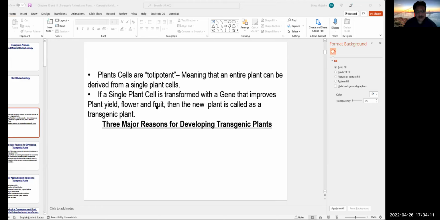So plants are not like humans, where there always has to be sexual fertilization; plants can be vegetatively propagated by certain techniques, especially tissue culture. So plants are inherently totipotent, meaning you can take a part of the plant.